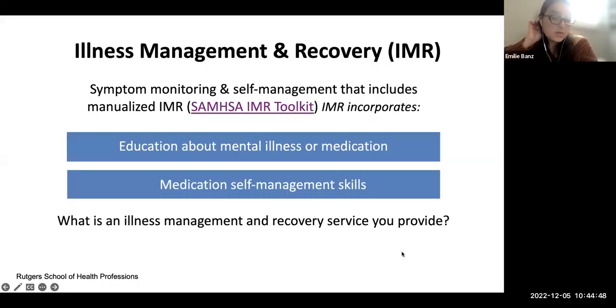Is this something that you could potentially be using with the individuals that you're working with? All right, cool. I'm getting some good feedback, which I love to hear.